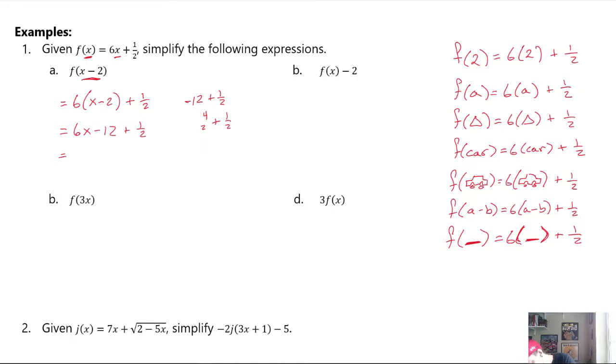Sorry, we need a negative 12, don't we? It doesn't work otherwise. Negative 24 halves plus 1/2 is negative 23 halves. So we can say that this is 6x minus 23 over 2. We'll just leave it like that.